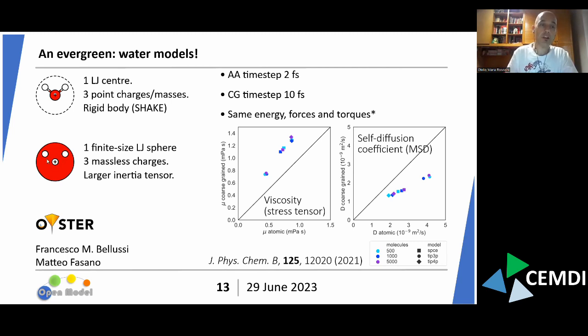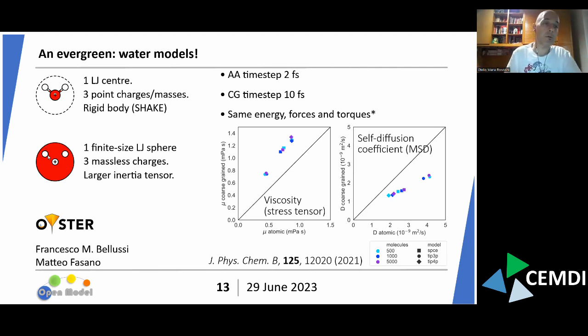And there are 3 charges defined in the frame of reference of the molecule, of the sphere. And so the only difference is that in this case, we have point masses, and here we have an extended sphere. So it has inherently a larger inertia tensor.